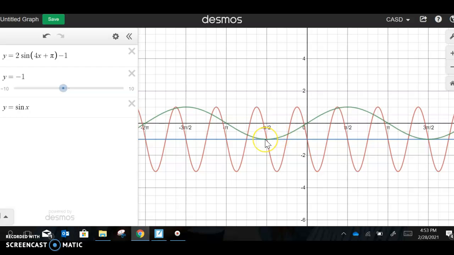Usually my amplitude is 1, right? And see how spread out we are? It takes 2 pi to get through the whole period. But here my amplitude is 2, and my period is only pi over 2. I'm getting through an entire cycle of sine in pi over 2.